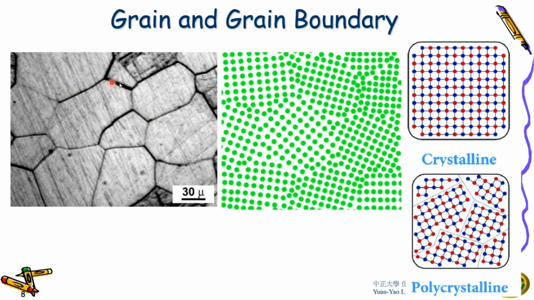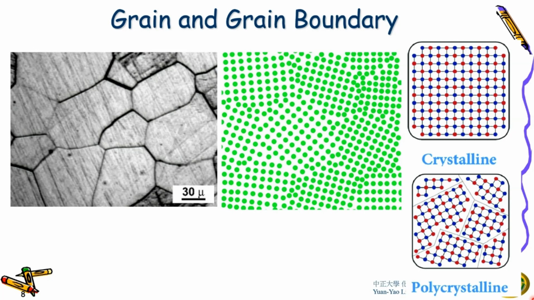And this is how it looks under SEM observation. We call these boundaries grain boundaries, and grain. This is a grain, a single crystal grain. Okay, polycrystalline: grain and the grain boundaries.